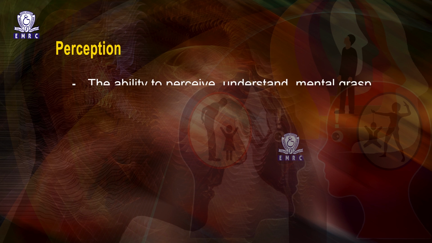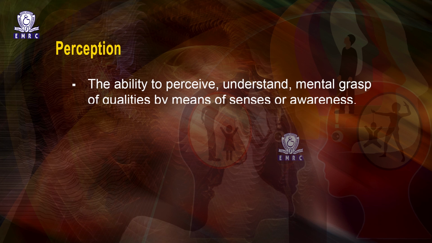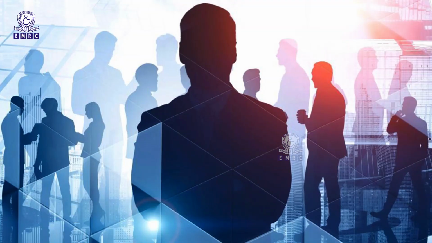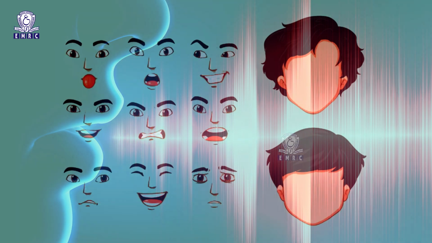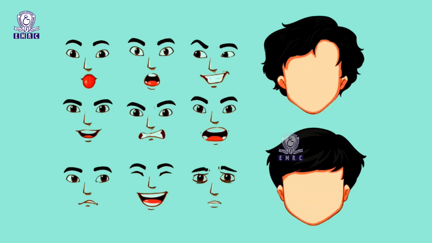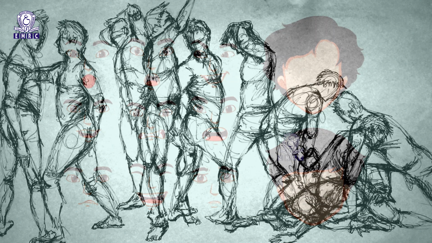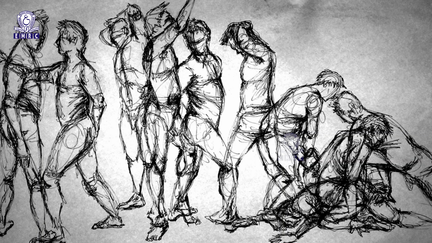Perception means, as you know, the ability to perceive, understand or mentally grasp qualities by means of senses or awareness. Communication is influenced by one's perception of an individual, and when we communicate with someone, the language we use, the tone of the language and the gestures we make portray an individual's character and the kind of relationship he or she wants to develop.